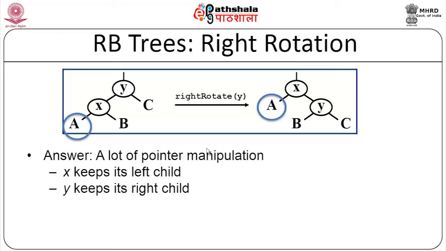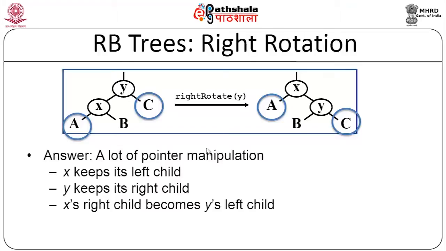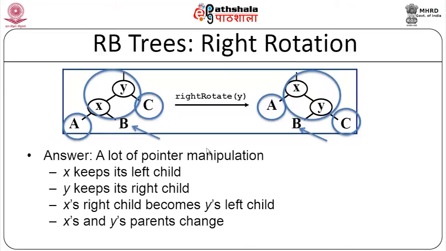Both are kept, so it remains the same. x's right child becomes y's left child, and x and y's parent relationship interchanges. Previously y was the parent of x, now x is the parent of y.